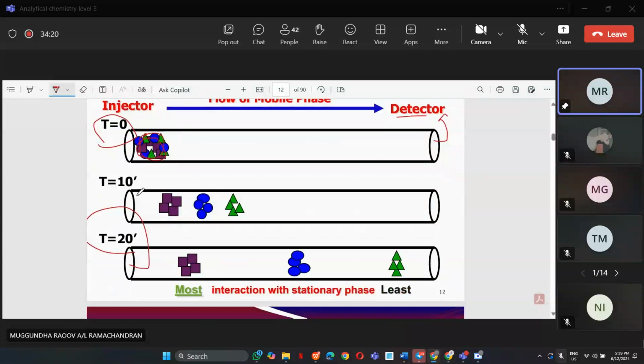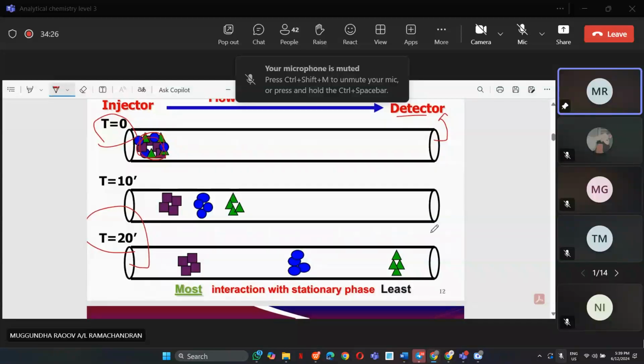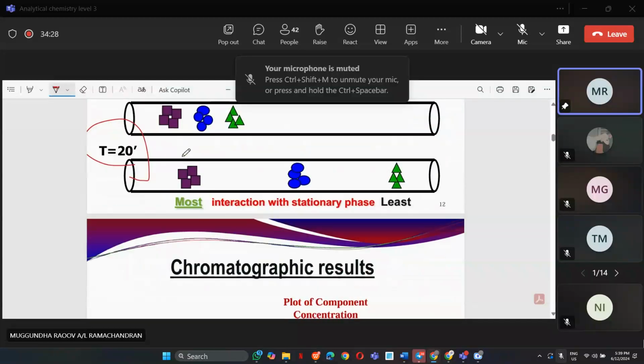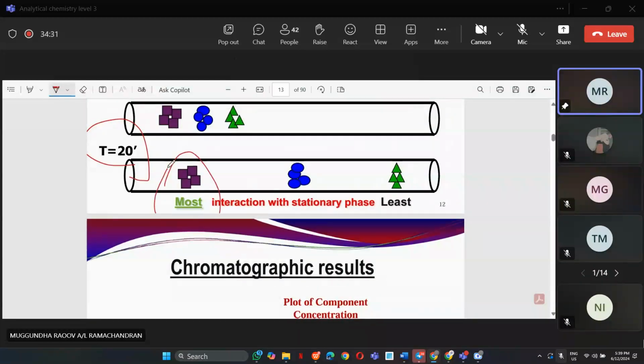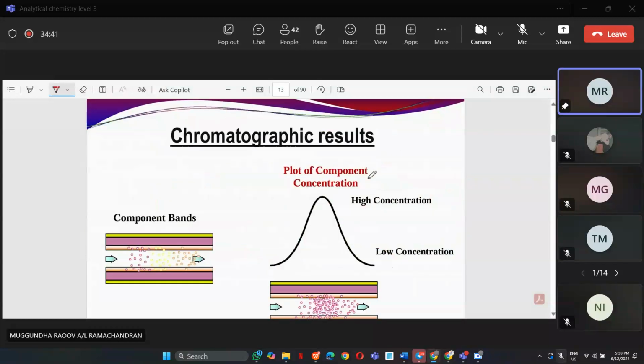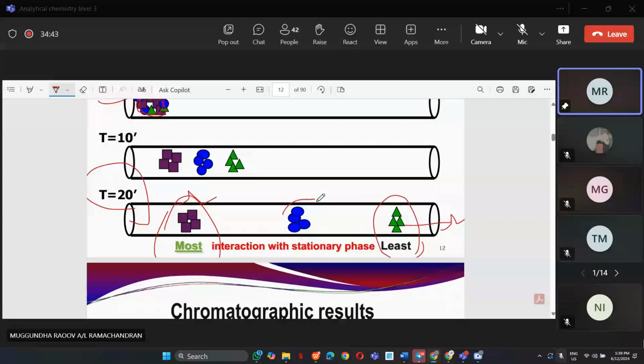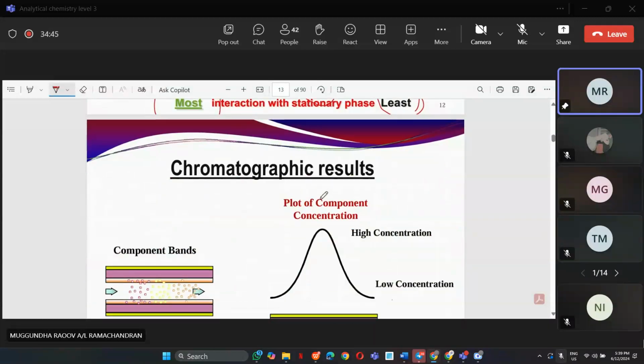As time moves, you see each compound will be separated. This one is most interacted with the stationary phase, this is least interacted with the stationary phase. So this one will elute first compared to this. This one will elute later. This one has a moderate level of interaction with the stationary phase.